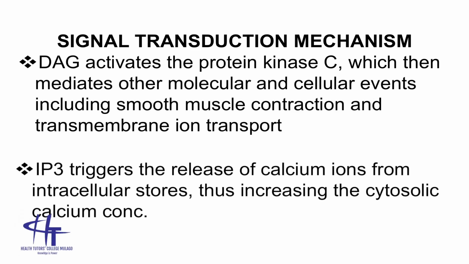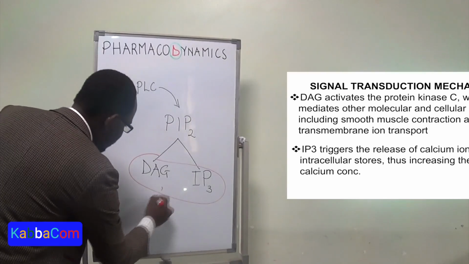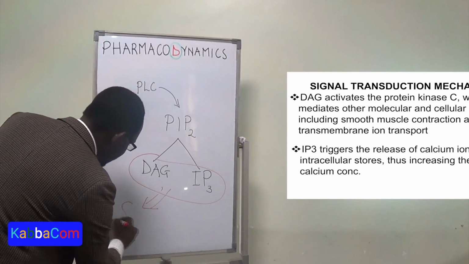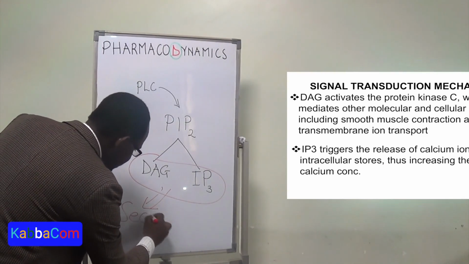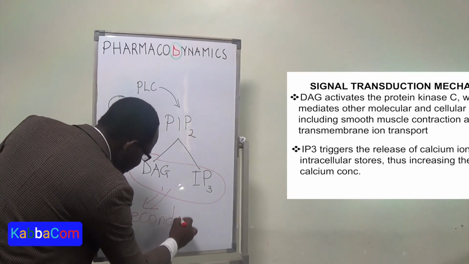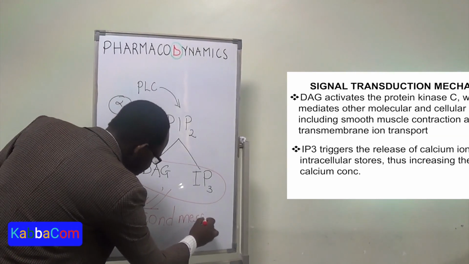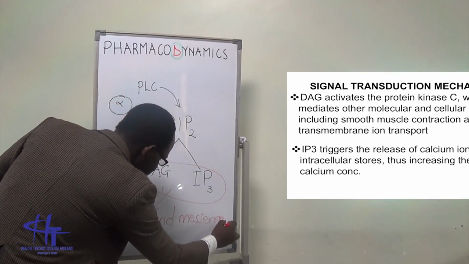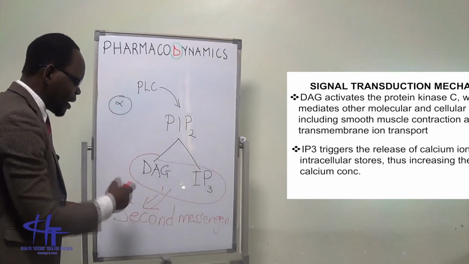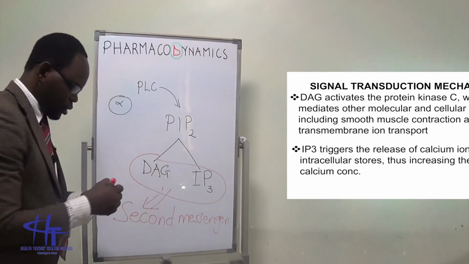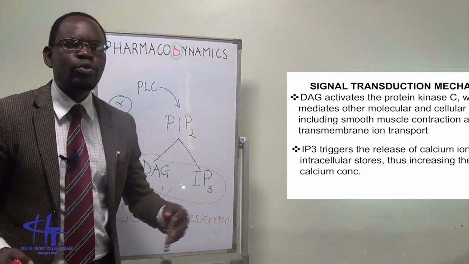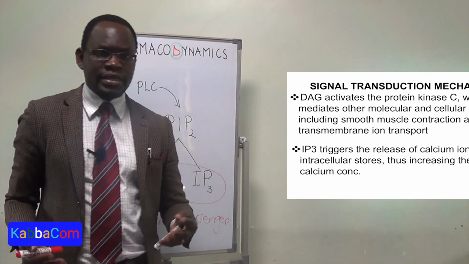Now these two are referred to as second messengers. In a minute we are going to see what we mean by a second messenger. It is these particular second messengers that will bring about several effects.